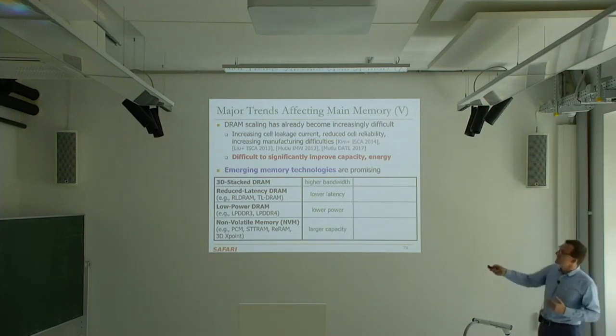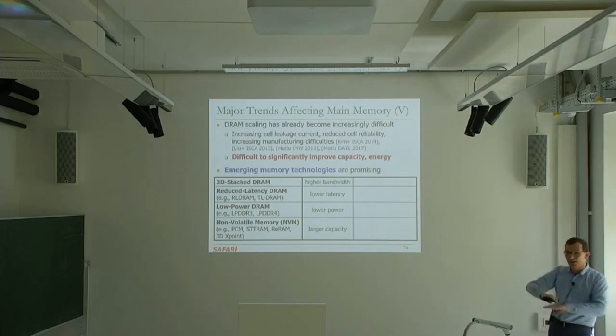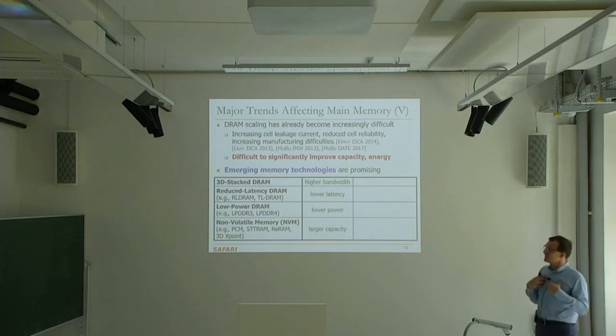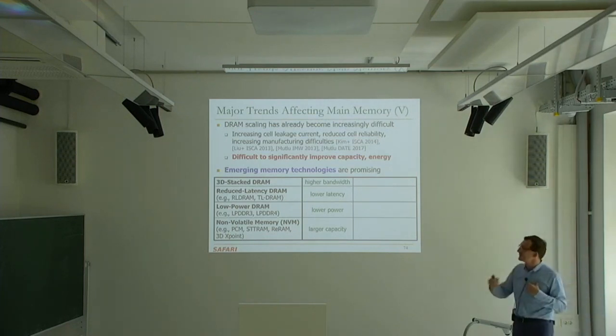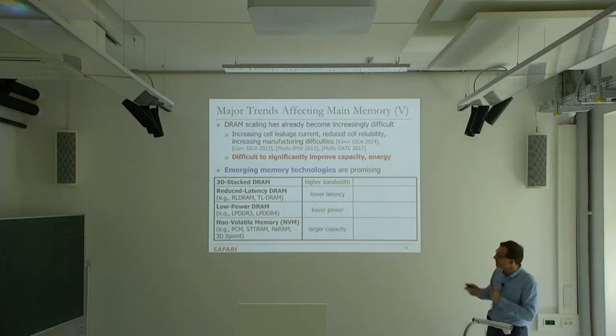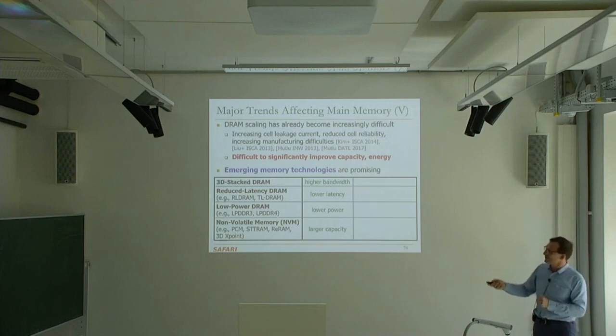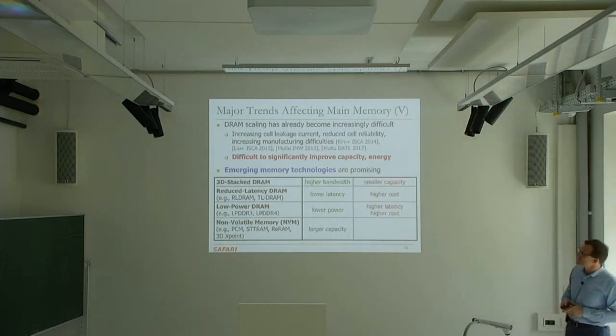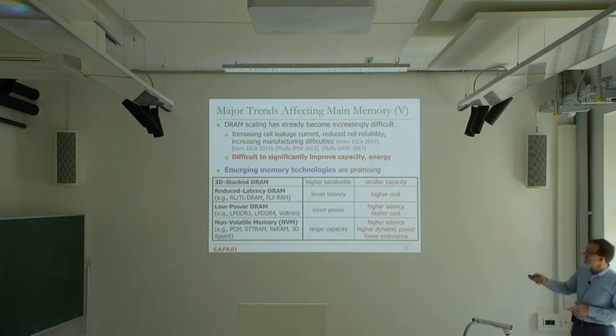Essentially, because of the scaling difficulties, memory space is proliferating. There are different types of memory that are coming up. And I believe if I were a DRAM manufacturer, for example, I would be pushing different technologies. I'd be customizing my memory so that I can make more money out of it. That's not my goal in academia, but if I were a DRAM manufacturer, I wouldn't be sticking to the DRAM technology because I think that's going to proliferate a lot. But the downside is, as you can see over here, there's no single memory technology that's good at everything.